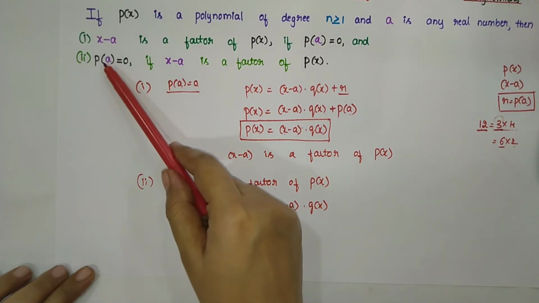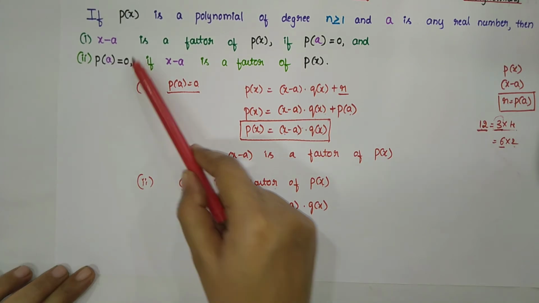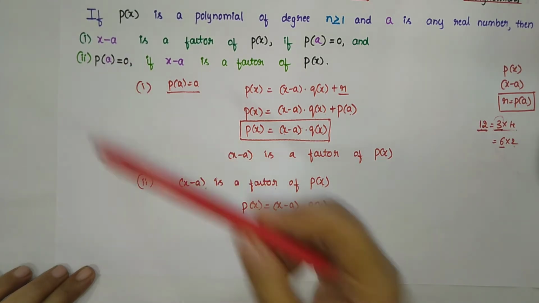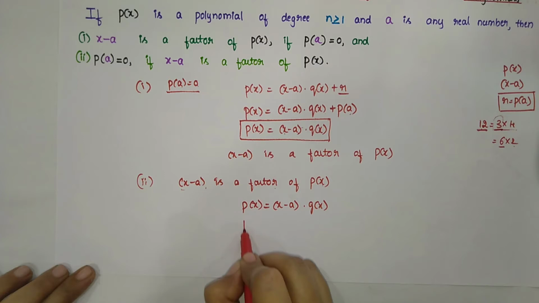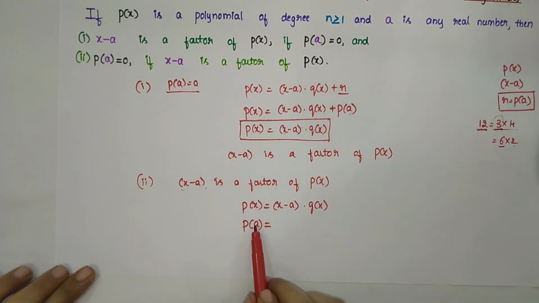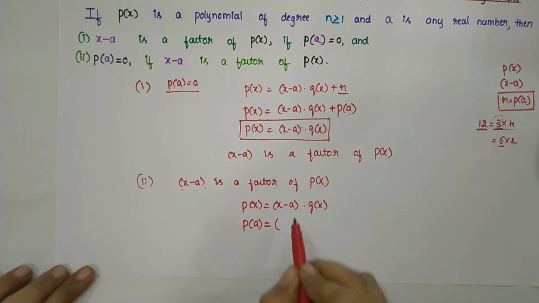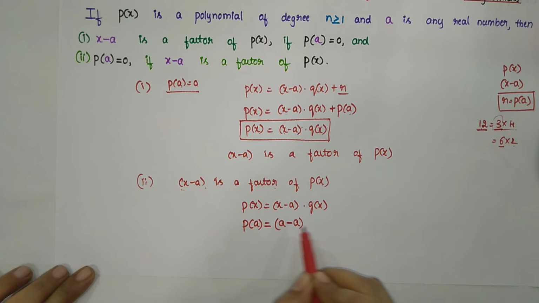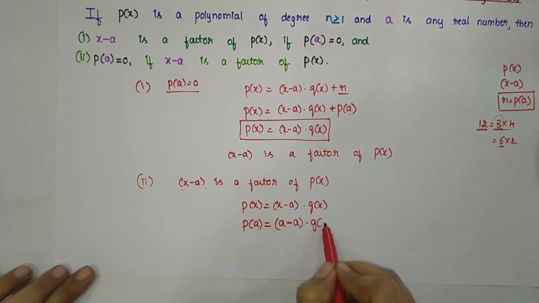To know whether p of a equals 0 or not, first you should know the value of p of a. So p of a is equal to, that is, you have to replace x with a. Wherever x is there, you have to replace that x with a. So we get p of a is equal to a minus a into g of a. In the place of x you have to write a.